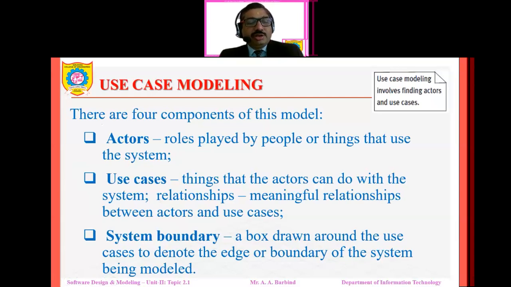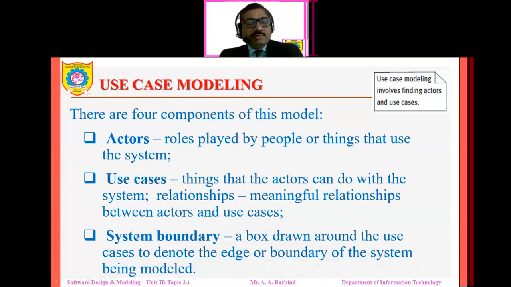There can be relationships between the actors and use cases, or even relationships between two use cases of the system. Then the fourth component is the system boundary, a box drawn around the use cases to denote the edge of the boundary of the system being modeled.